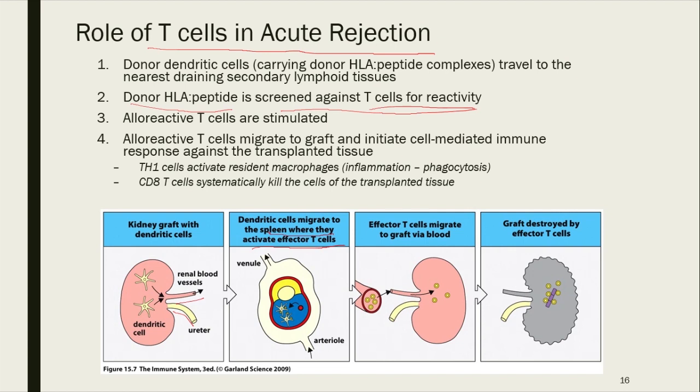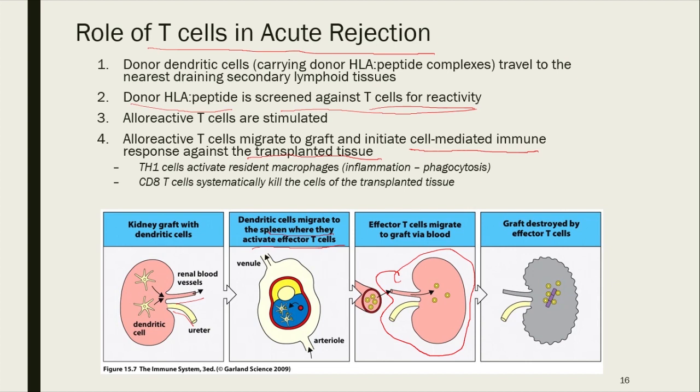Once that happens, the effector T cells leave the spleen and home into the donor organ, and start doing their job, initiating a cell-mediated immune response against the transplanted tissues.